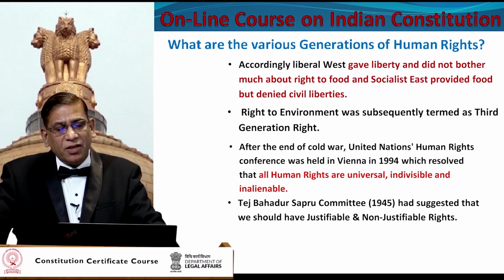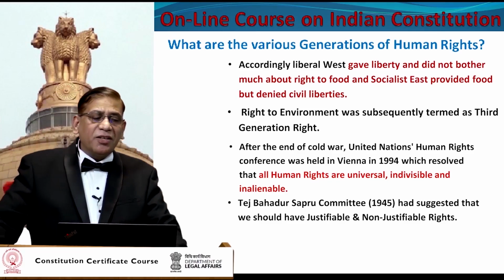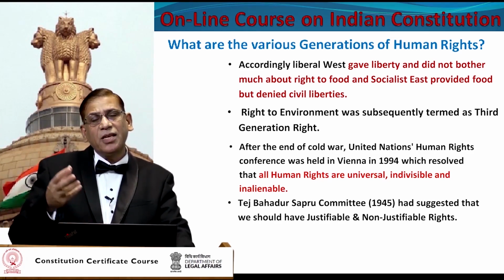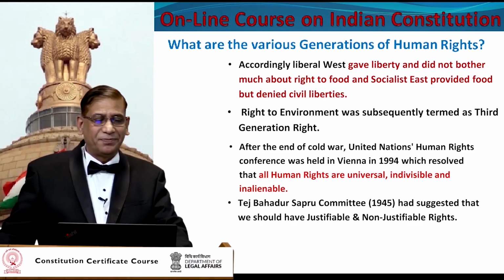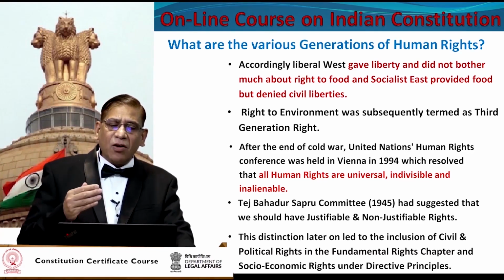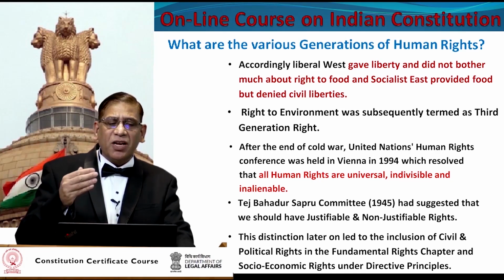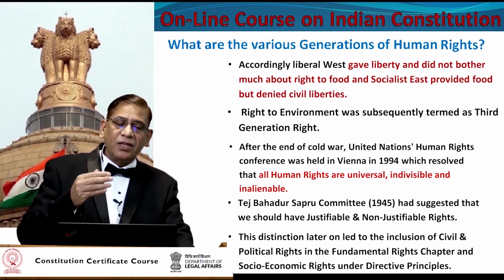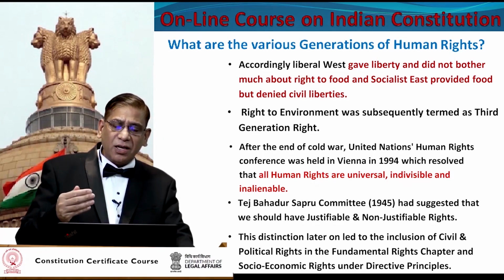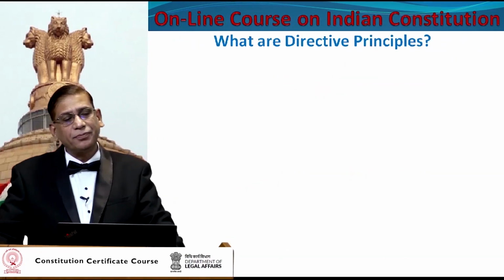In India, Tej Bahadur Sapru Committee submitted a report in 1941 that suggested that we should have some justiciable rights and some non-justiciable rights. This distinction later on led to the inclusion of civil and political rights in the fundamental rights chapter and socio-economic rights under the directive principles.